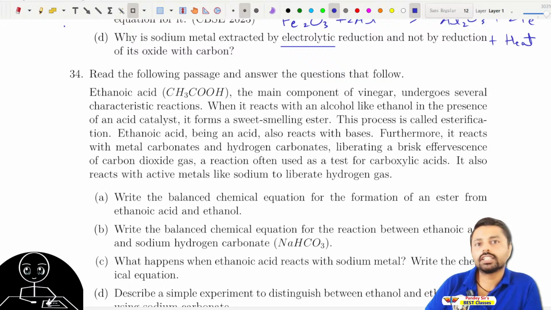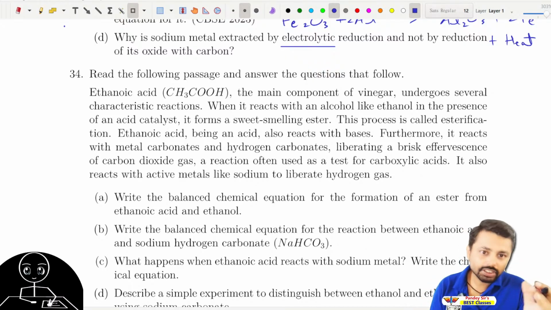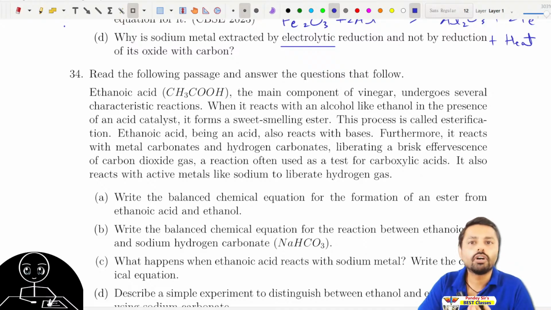The types of reaction, their definition, and the carbon series, the homologous series: methane, ethane, propane, butane, alkane, alkene, alkyne, those are all there. Nomenclature, isomerism, all those things are there. But when it comes to reactions and equations, we covered all that part.